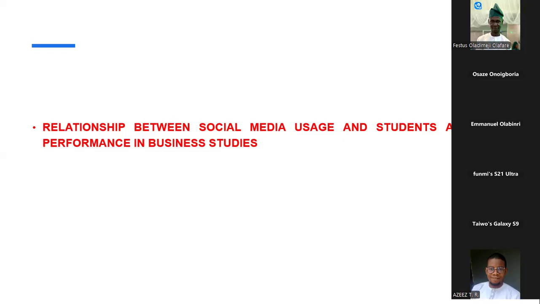The second one will be to examine the relationship between social media usage frequency and student academic performance in business studies. And the last one will be to determine the relationship between social media usage purpose and student academic performance in business studies.